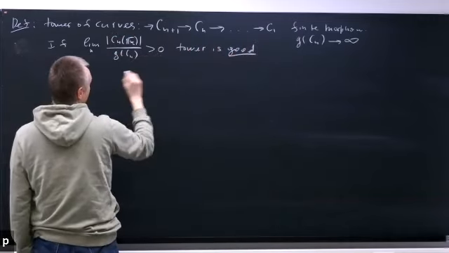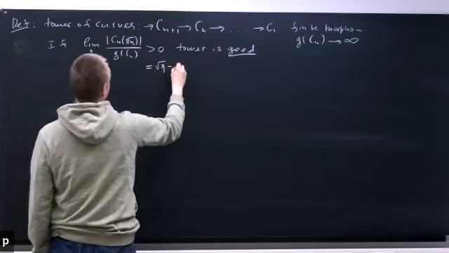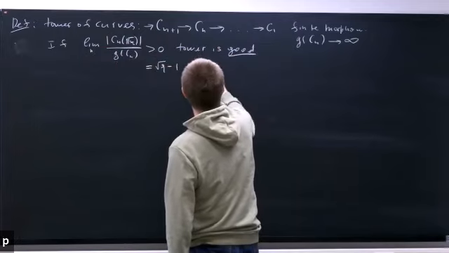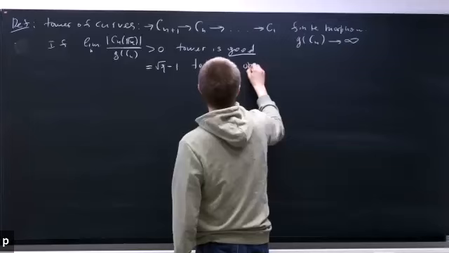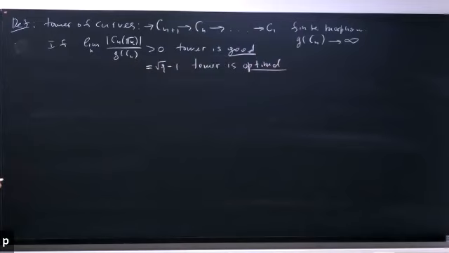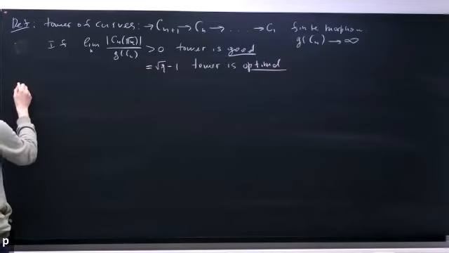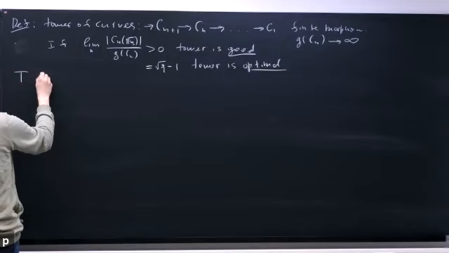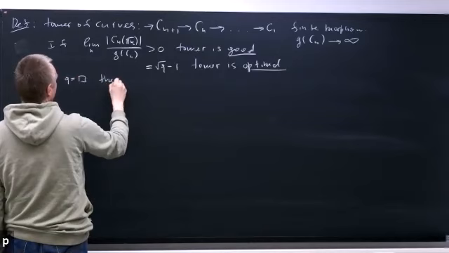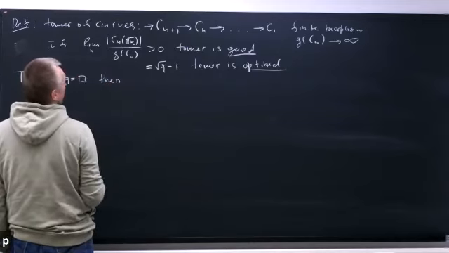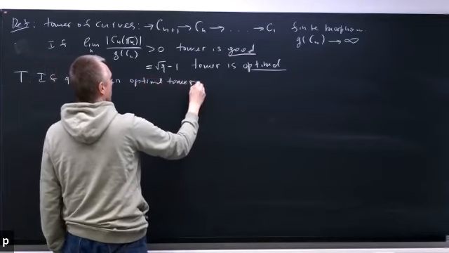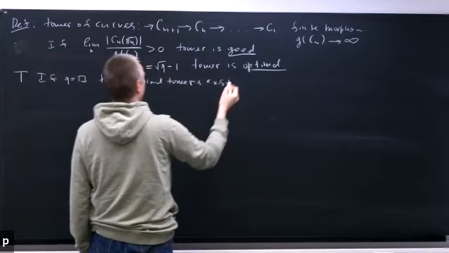And if the limit is equal to the Drinfeld-Vladut bound, then the tower is optimal. So let me finally state the theorem: if q is a square, then optimal towers exist.